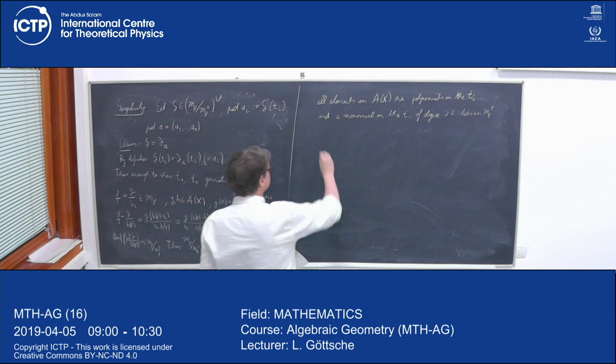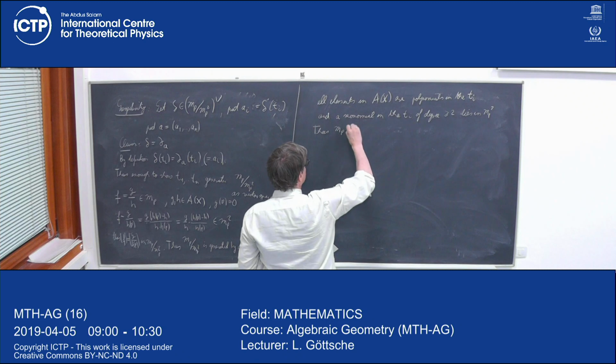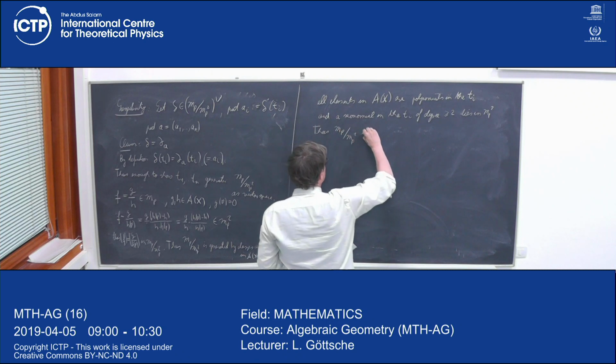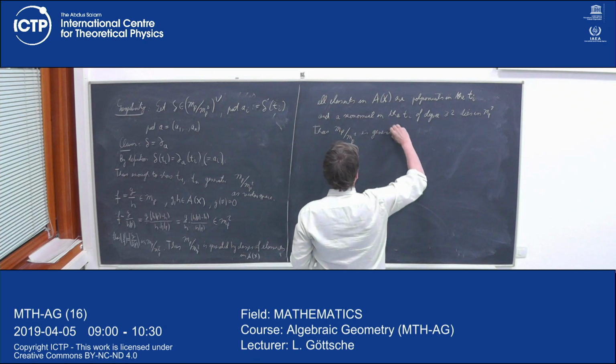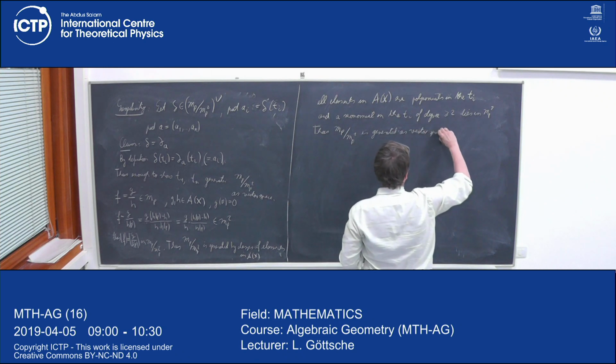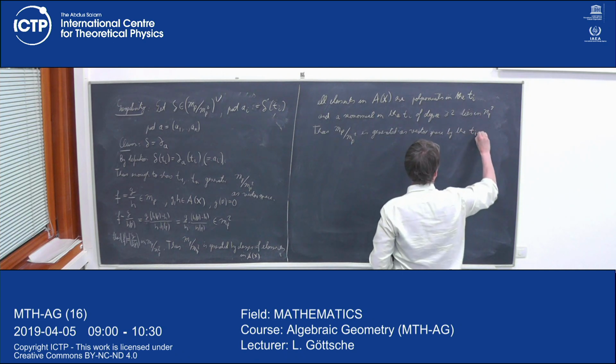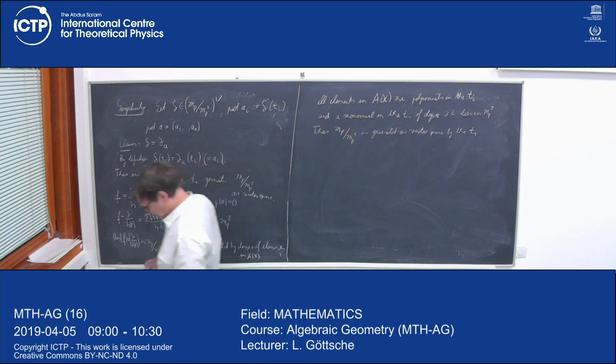So thus we get that indeed MP over MP squared is generated as a vector space by the Ti. And so the claim follows.